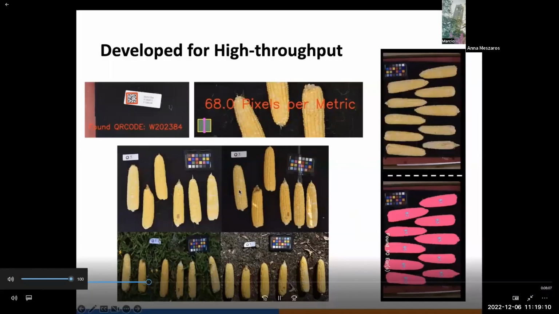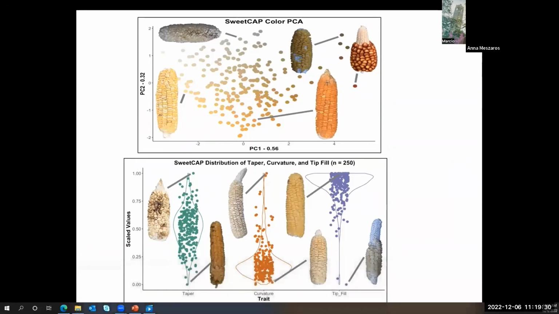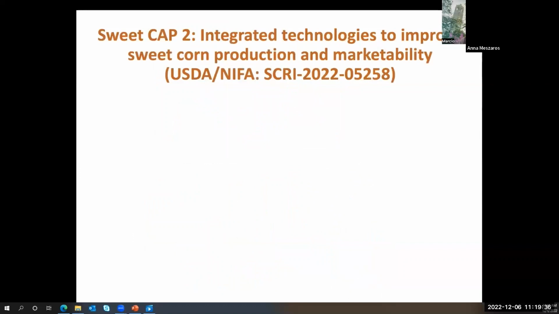So we have a very objective and more precise measurement of several traits, such as the number of USDA fancy ears, and then how much tip fill you see, what's the exact curvature, which is a trait we obviously don't want. And we actually can now quantify all of these and remove them from the program, traits that are not of interest.